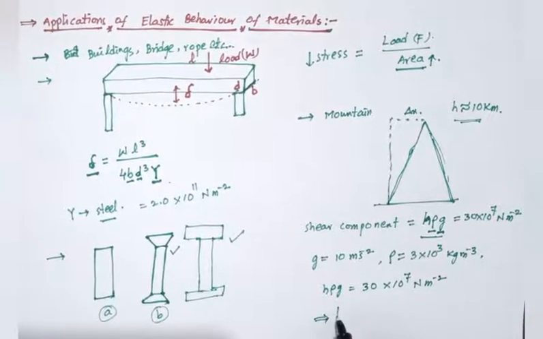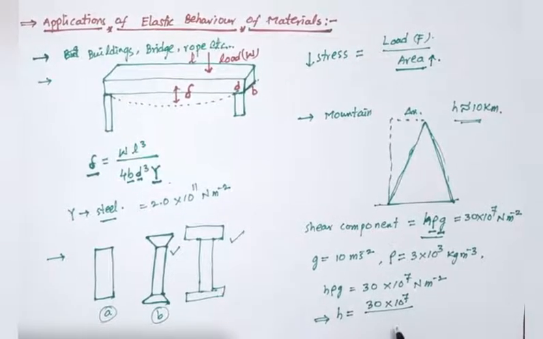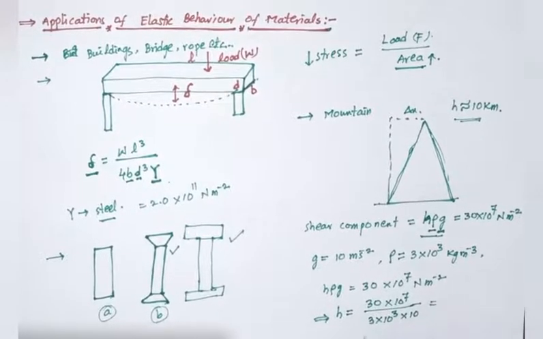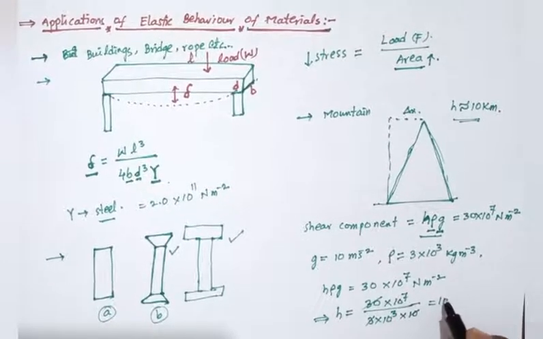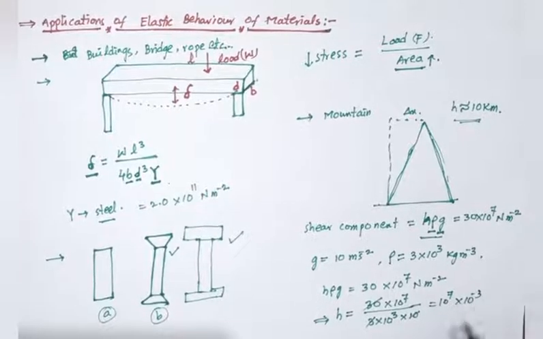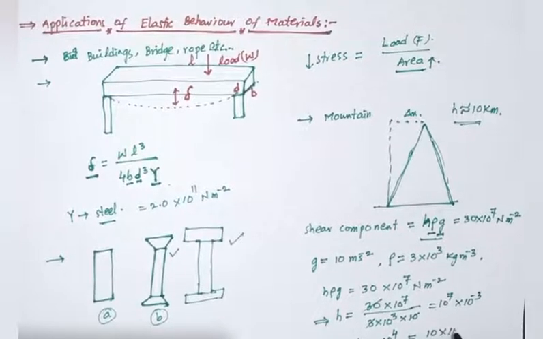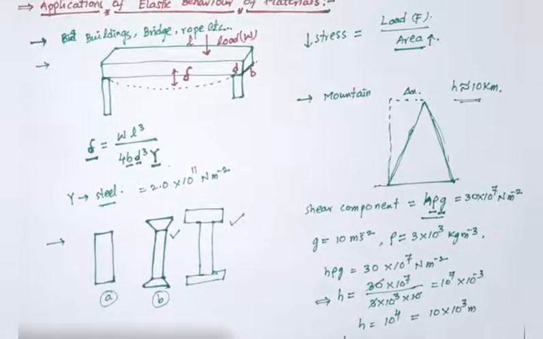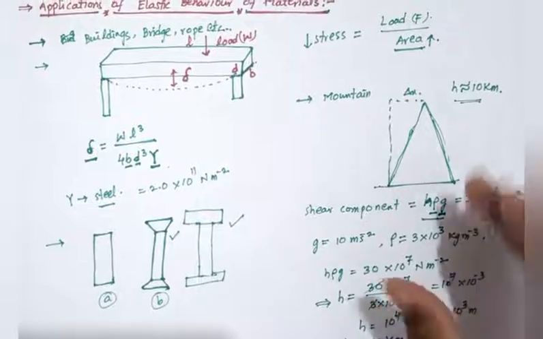So h equals 30 times 10 to the power of 7 divided by 3 times 10 to the power of 3 times 10. The 3 and 30 cancel, so it is 10 to the power 7 times 10 to the power minus 3. h equals 10 to the power 4 meters, which is 10 kilometers. This is the maximum height of a mountain.